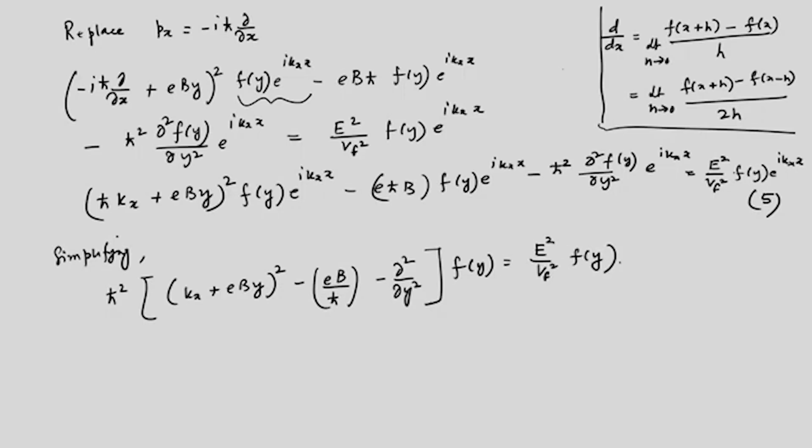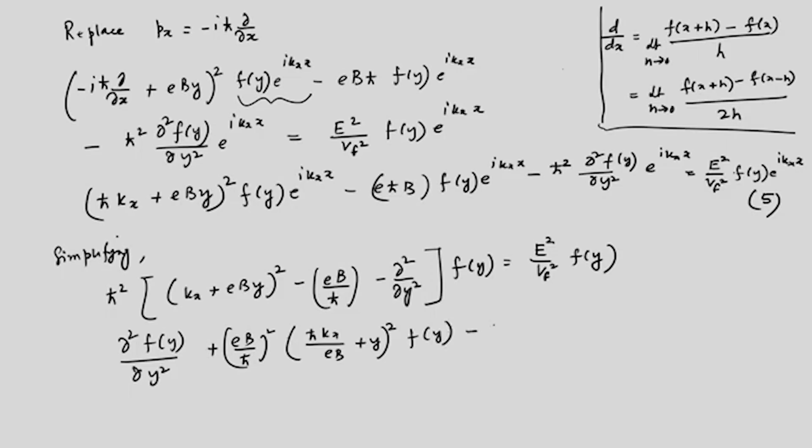So, this is the same as the Schrodinger equation that we started with. It is in a much simplified form here. So, this will be like ∂²f(y)/∂y² plus (eB over ħ) squared times (ħ kx divided by eB plus y) squared f(y) minus eB by ħ f(y) equal to ħ e² divided by ħ² v_F² f(y).